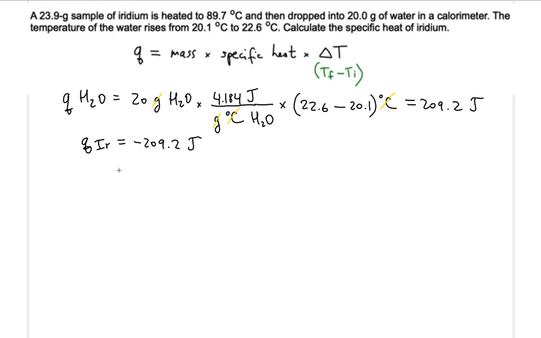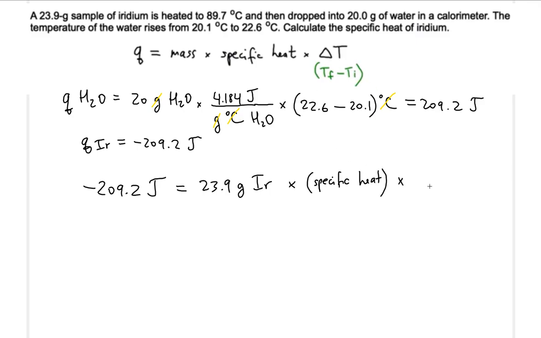So let's substitute in the numbers. We're going to have minus 209.2 joules equal to the mass, 23.9 grams of iridium, times its specific heat, times the temperature change.